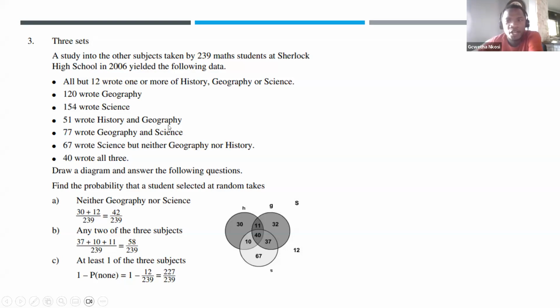Now, if you are going to solve this particular kind of problem, you must first focus on the intersections. Now, if they have told you that 51 students wrote history and geography, we are going to have a set for geography, a set for history, and a set for science. 51 of them wrote history and geography. So the intersection of history and geography should give you 51.